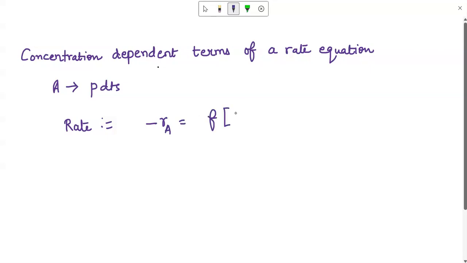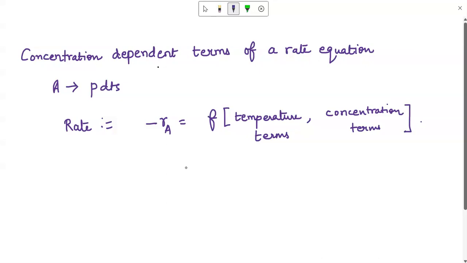The rate can be represented as a function of temperature dependent terms and concentration dependent terms.